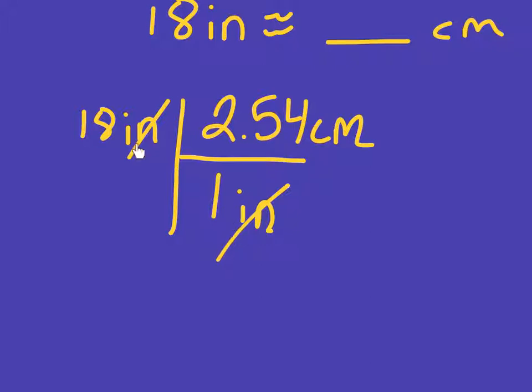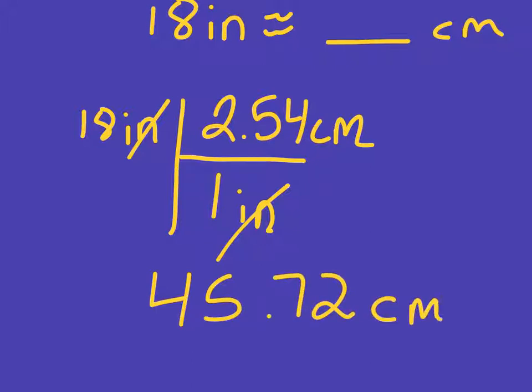When you do 18 times 2.54, you should get a grand total of 45.72 centimeters. Your unit is centimeters because the inches have gone away.